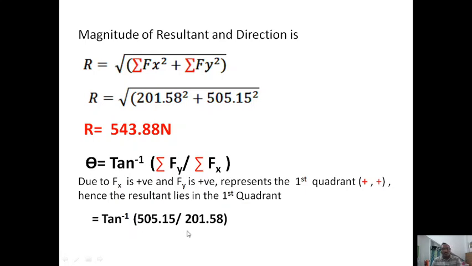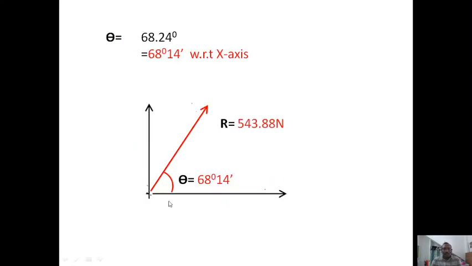So why have I written this word first quadrant? To locate the position of the resultant, where it will be. So it is the first quadrant position, and I am giving the value of the resultant in the first quadrant only, right?